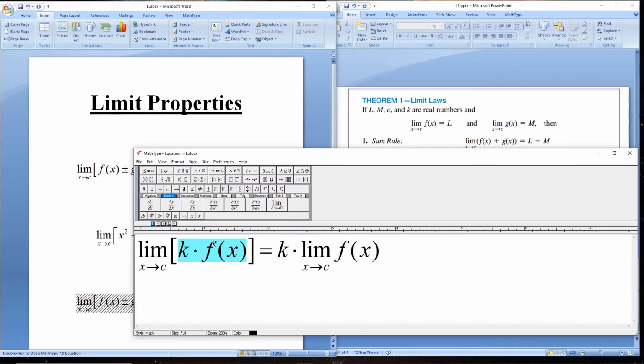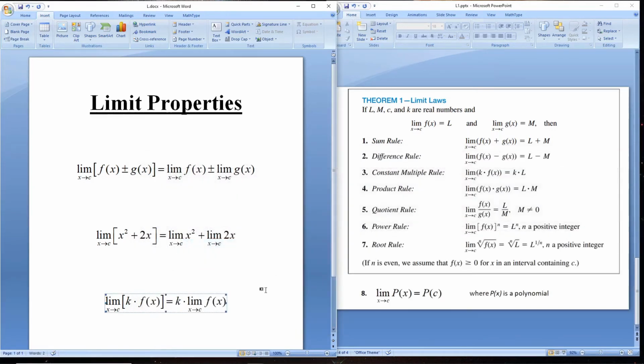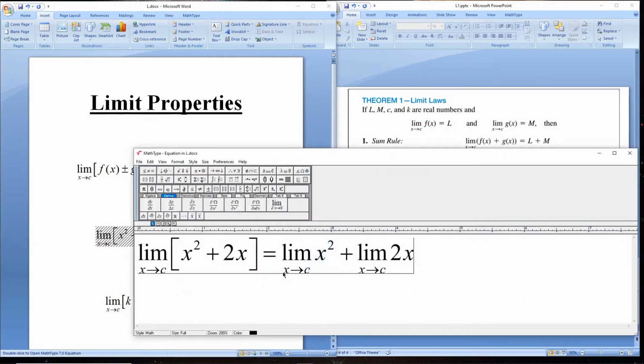What's inside is what the limit is acting upon, and then we can pull the k outside of the limit. And all we have to do here now is just take the limit of the function, and whatever our answer is, we just multiply it by that number. So for instance, in this example right here, 2 is a constant factor, and so we can pull that outside the limit.